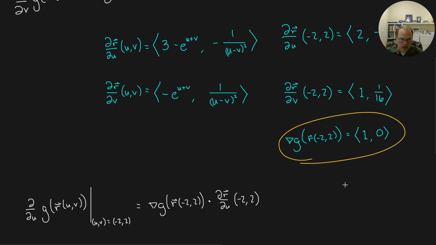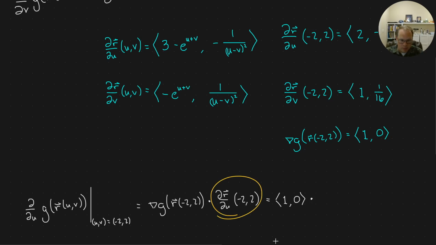Gradient of g at that point is 1, 0. Dotted with the partial derivative of r with respect to u at the point negative 2, 2. That's 2, negative 1/16. And if I take the dot product of those, I'll just end up with 2. That's the partial derivative of g with respect to variable u at the value uv equals negative 2, 2.